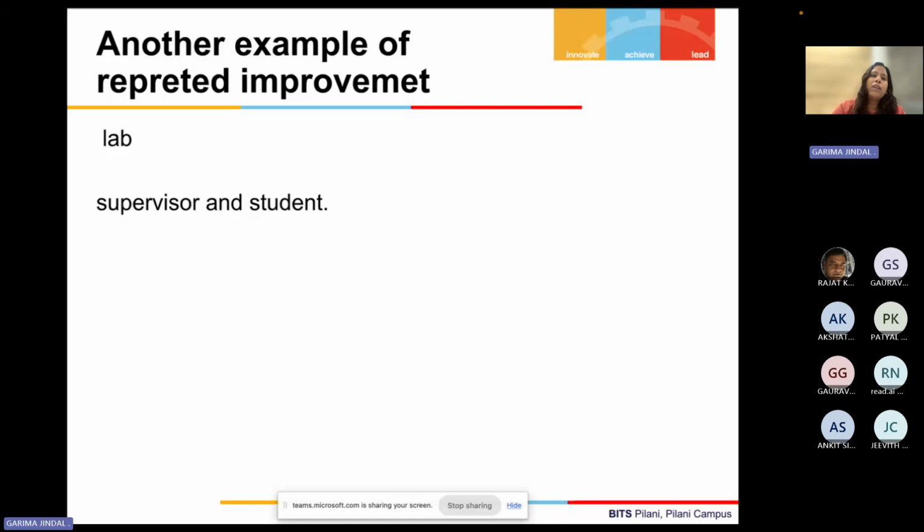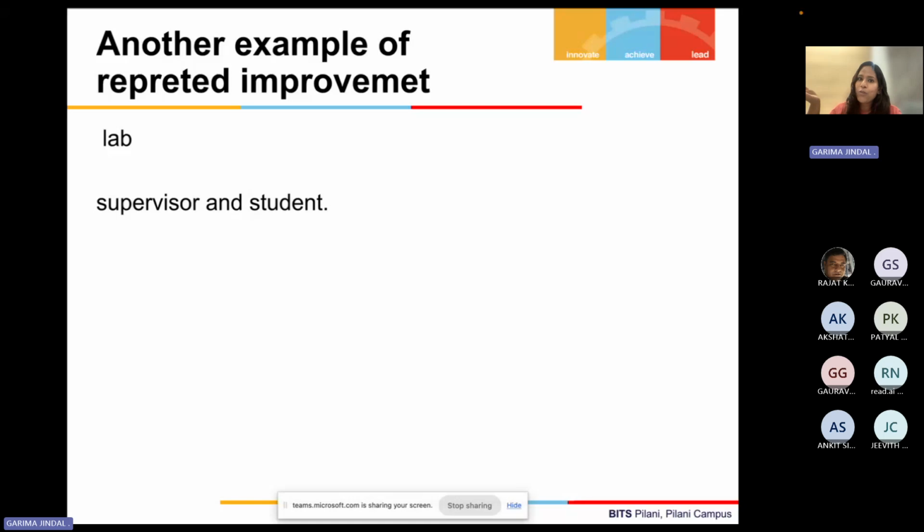Now I give you another analogy, another example of repeated improvement in the network. For example, I am working in a lab and I have a supervisor. My guide is guiding really well, so I'm able to publish good papers. Because I publish good papers, I am growing in my career.